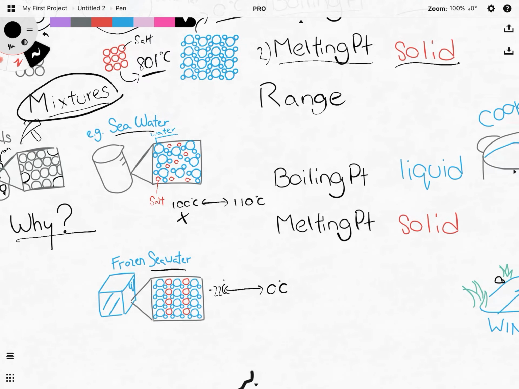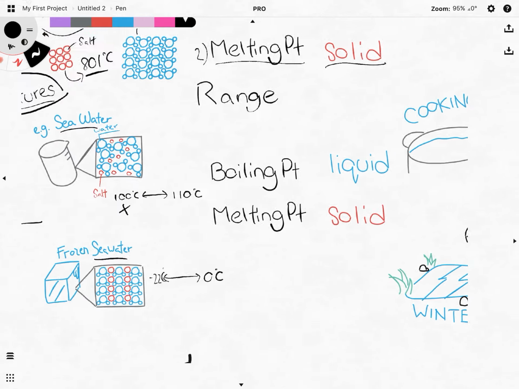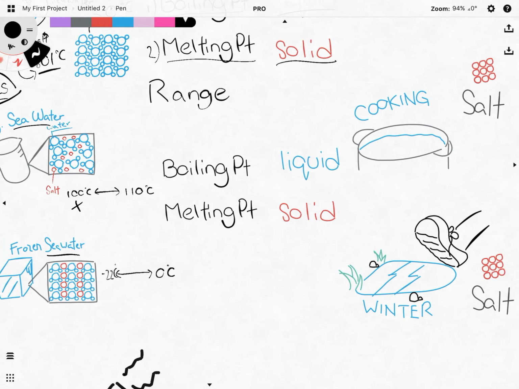Then I would like to give you some examples of when this might come in useful. Some real life examples. You find in your textbook that it talks about how impurities can affect melting points or boiling points.